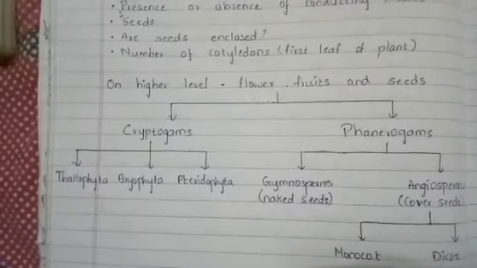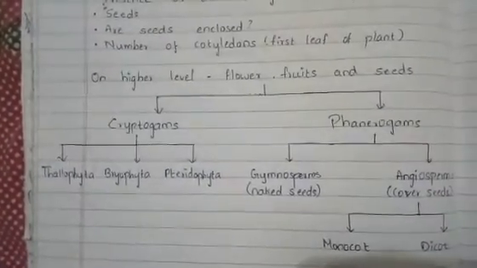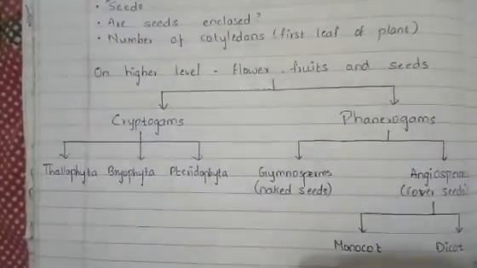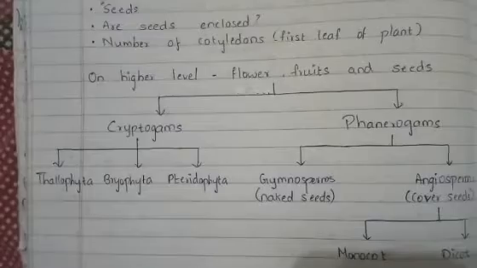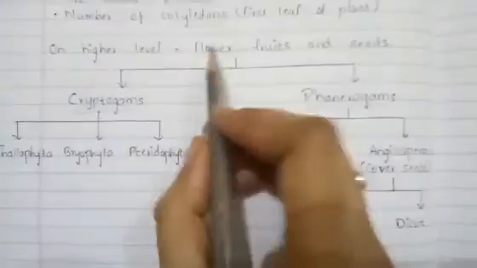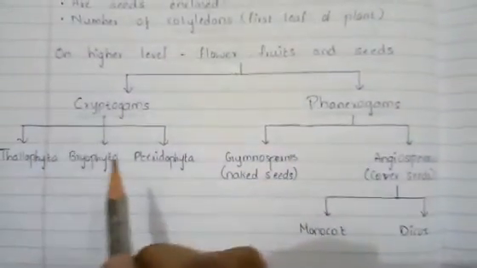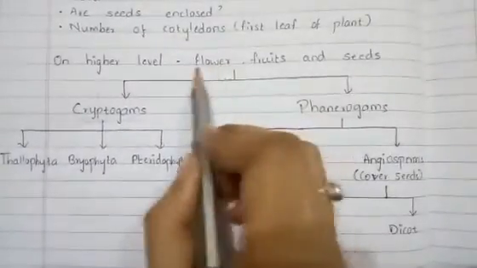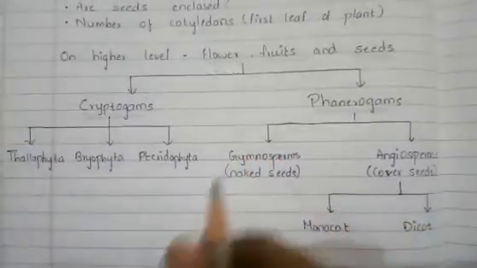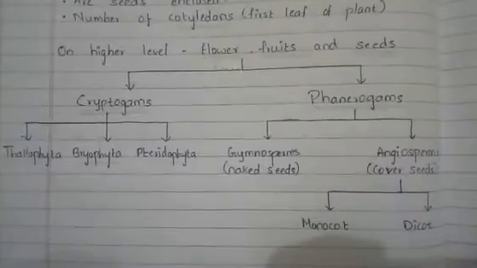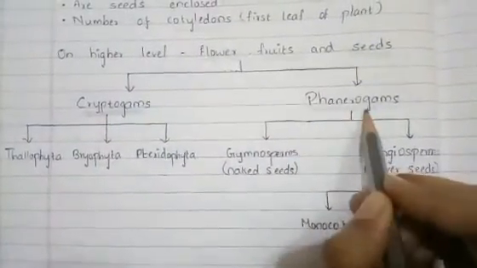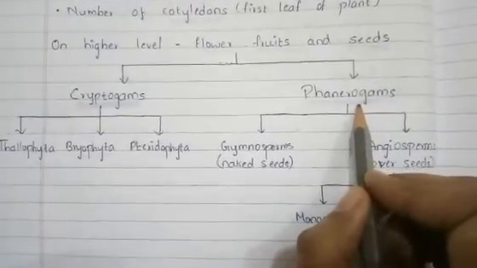Now if we see a higher level of classification, then at the higher level the plants are classified on the basis of flowers, fruits and seeds. As you can see here, on the presence and absence of flowers, fruits and seeds, plants are classified into two basic categories, which are cryptogams and phanerogams. These are the two main basic categories.